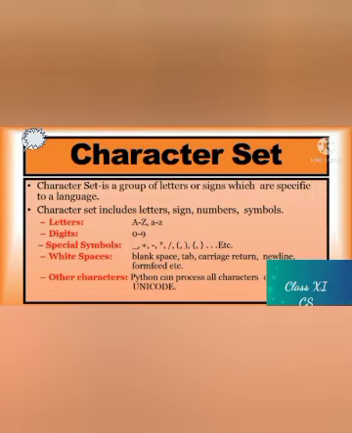It includes some special symbols like underscore, plus, minus, multiplication, division, brackets, and some white spaces like blank space, tab, new line, etc. Python can also process all the characters of ASCII and Unicode. These are the characters which can be included in Python's character set.